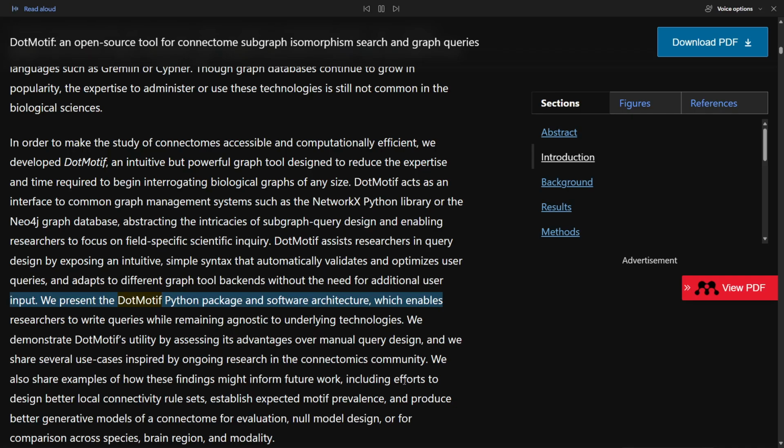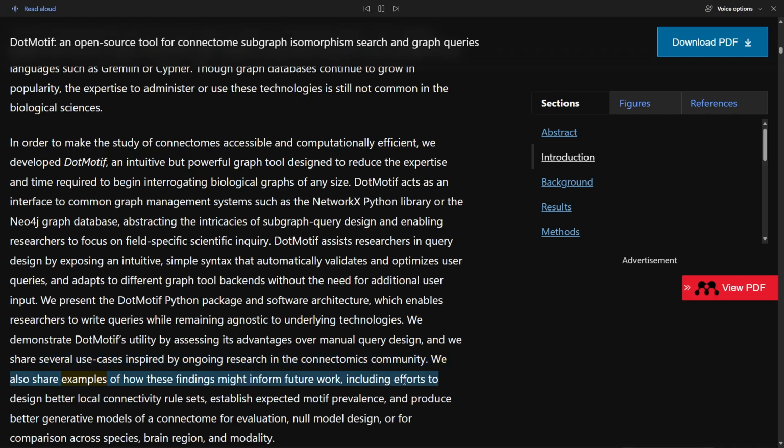We present the DotMotif Python package and software architecture, which enables researchers to write queries while remaining agnostic to underlying technologies. We demonstrate DotMotif's utility by assessing its advantages over manual query design, and we share several use cases inspired by ongoing research in the connectomics community.